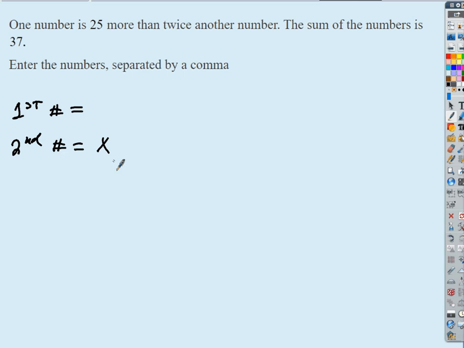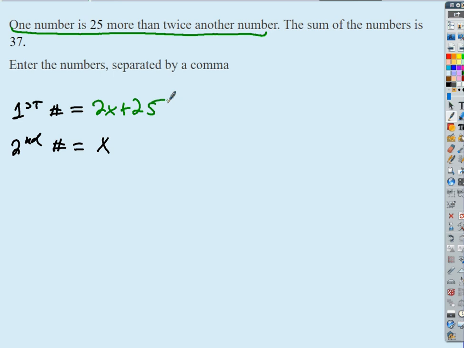Well, if that's x, then the first number is 25 more than twice the second number. So how would I say that? Almost. Then twice the second number. There you go. 2x plus 25. Okay, good.